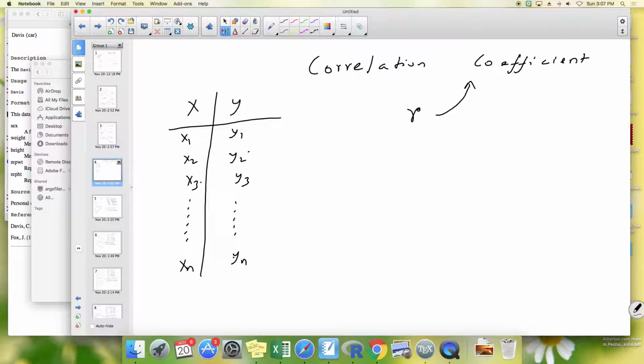So what's the number R? Let me tell you some things about it. I'm not actually telling you how to get this number R right now, but I'm telling you some properties about it. So first of all, R is calculated from the data.